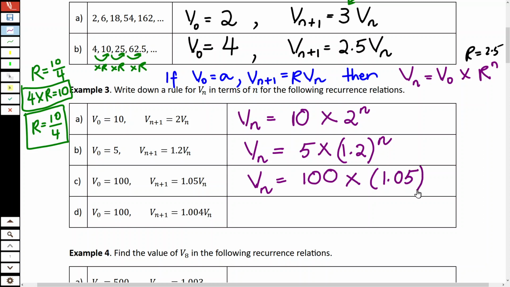Good. 1.05 all to the power of n. So we've read off V naught and we've read off R. Beck? Good.